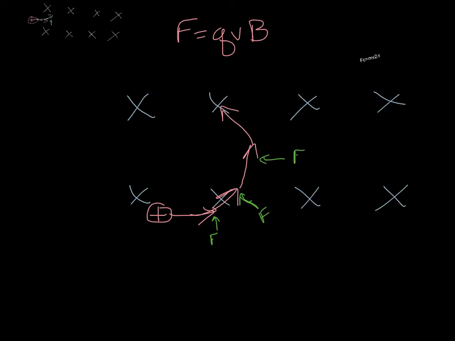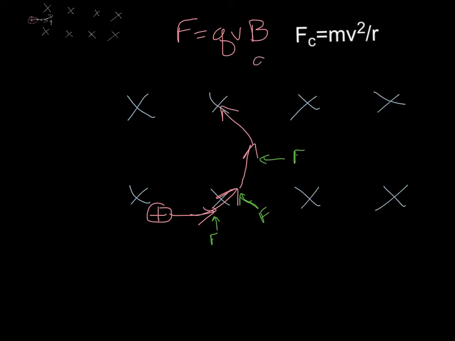Remember from a long time ago that when we had circular forces, we had mv squared over r, a centripetal force. So these two forces are actually equal to each other.